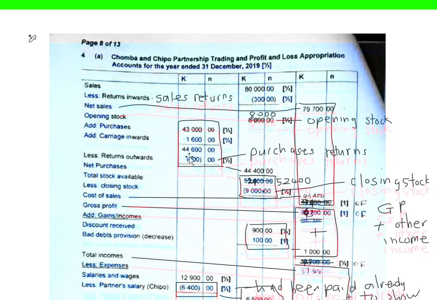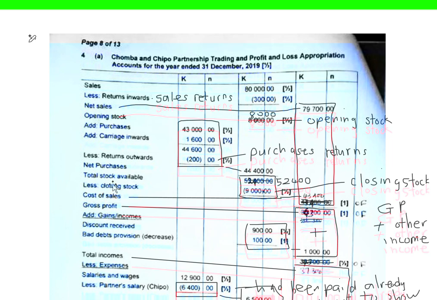And it's 44,600 minus the 200 is equal to, they call it net purchases, which is 44,400. So you've got opening stock, add purchases, add the carriage inwards, less the purchases returns outwards, gives you net purchases of 44,400.